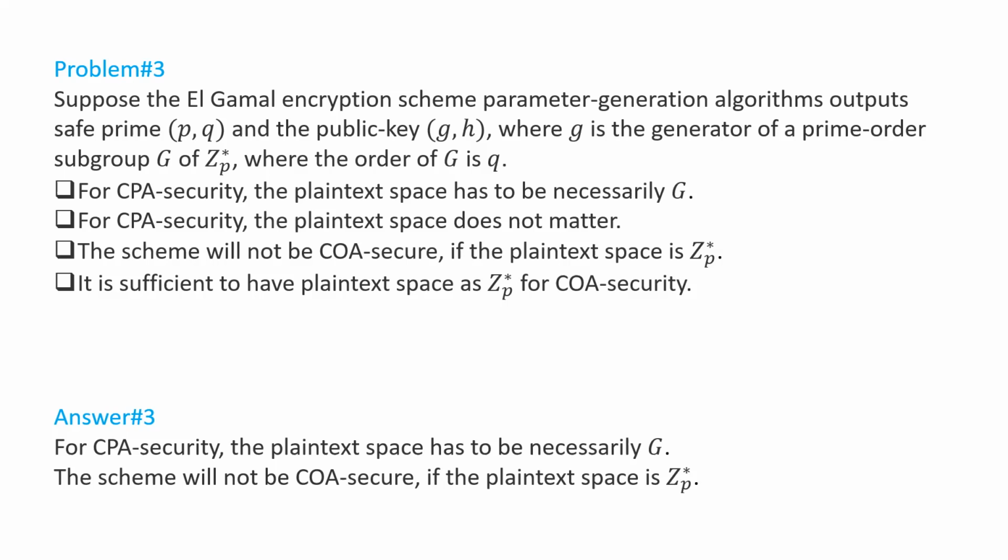So you can exploit this property to distinguish with non-negligible probability whether you are seeing an encryption of M0 or an encryption of M1 by looking at the second component of the ciphertext. So the scheme will not be CPA secure if the plaintext space is ZP star. You need it to be G. Okay.